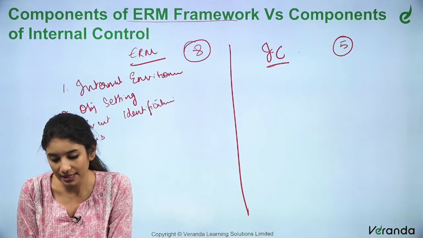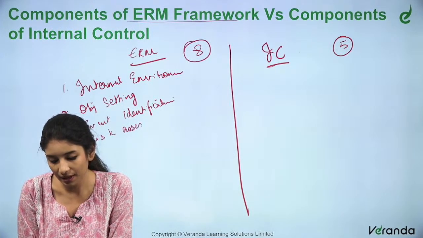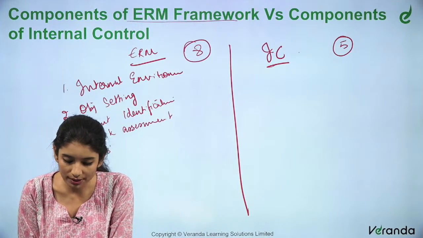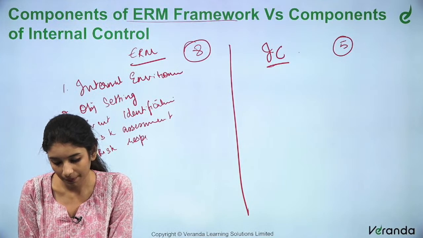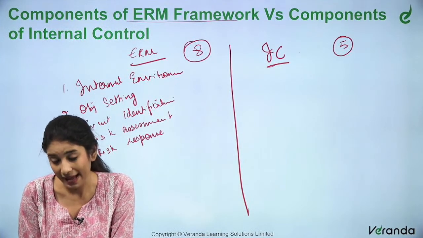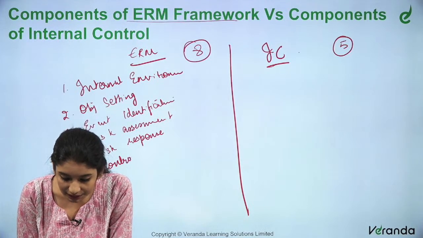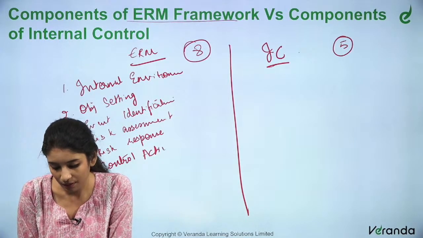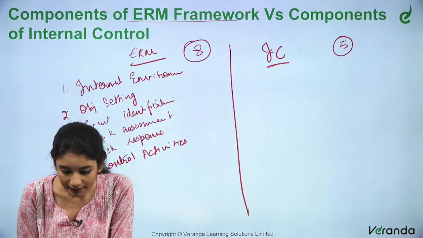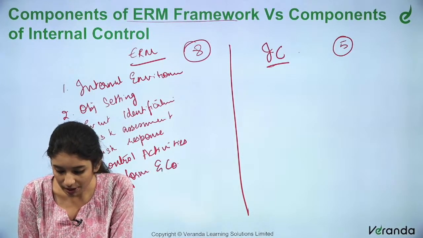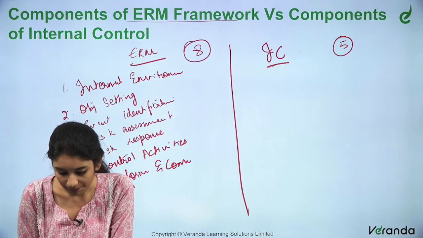Next, I have risk assessment, risk response. After risk response, I have control activities, and then it was information and communication and monitoring.